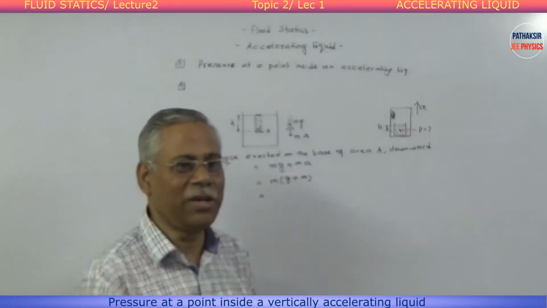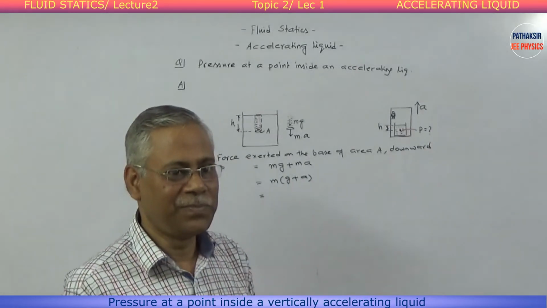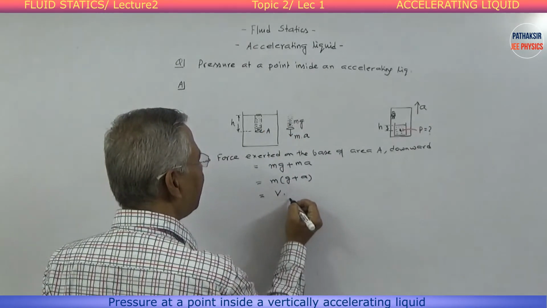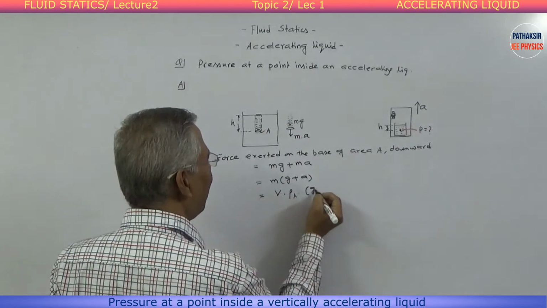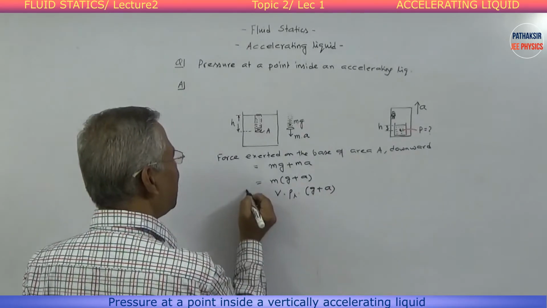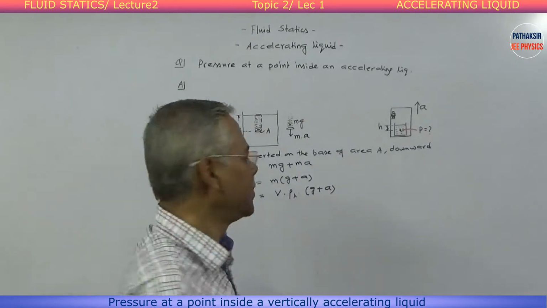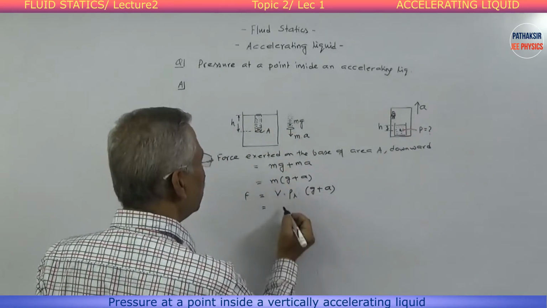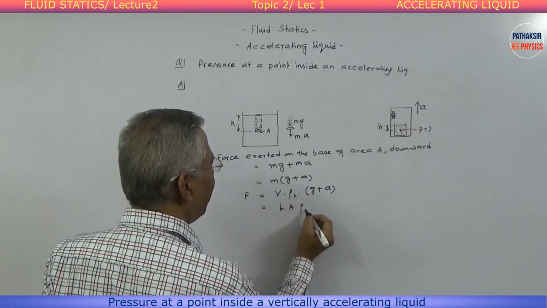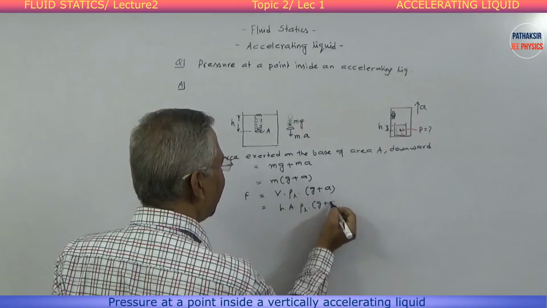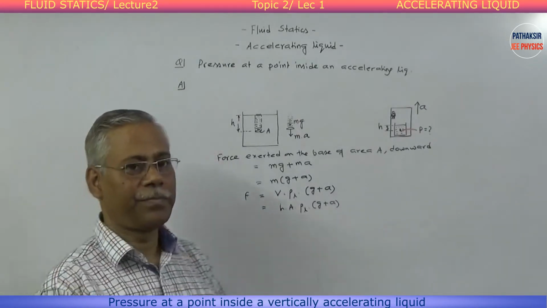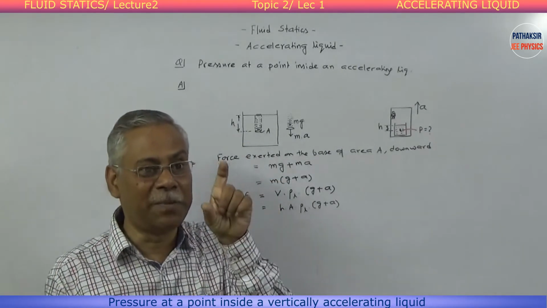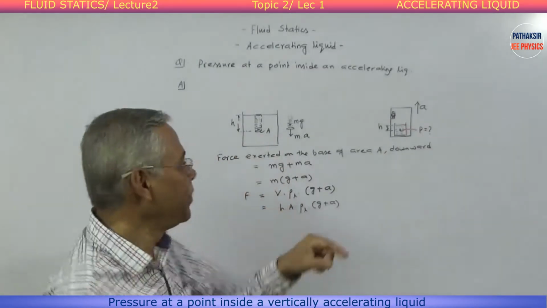And what is the mass of the liquid? Mass of the liquid is volume of the liquid column times density of the liquid, and this force is F. Volume of liquid equals h into A, so mass is h into A into rho L. M is the mass of the liquid column I have shown.